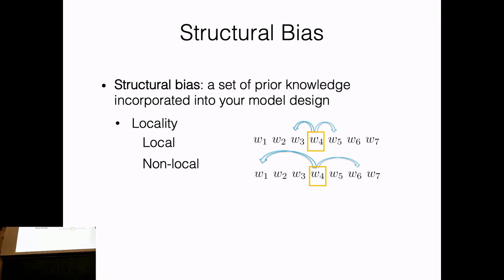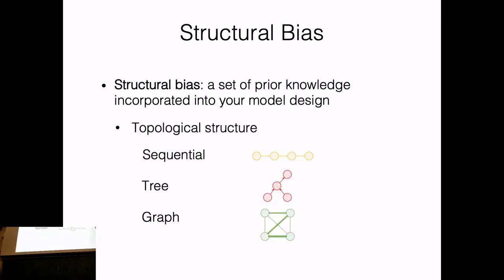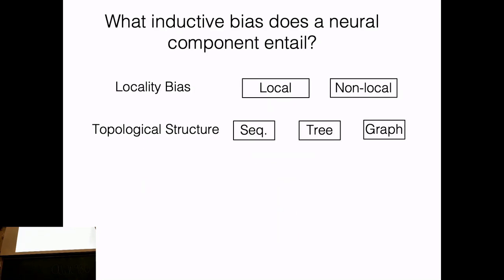That is the local and non-local. Another perspective of the structural bias is the topological structure. Your structural bias could be a sequence, or a tree, or even a graph. If you understand this, then we can make a whole picture of your model design.